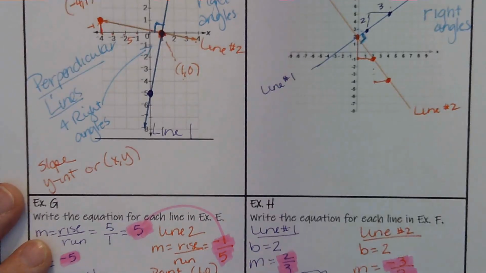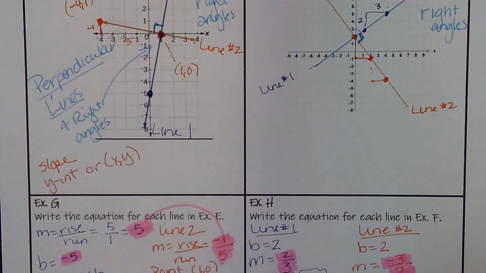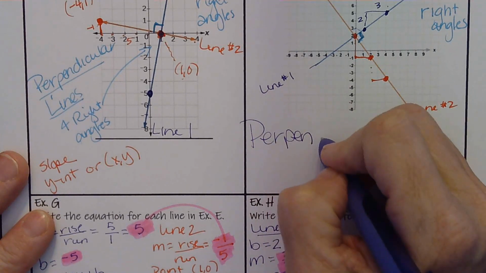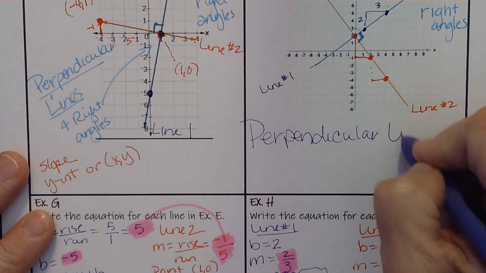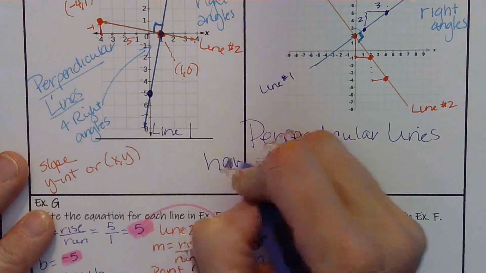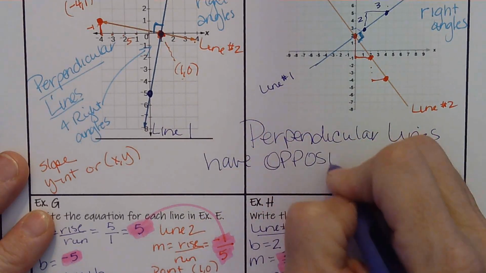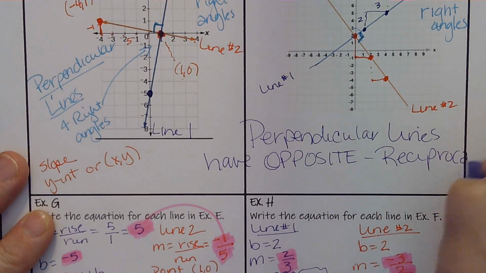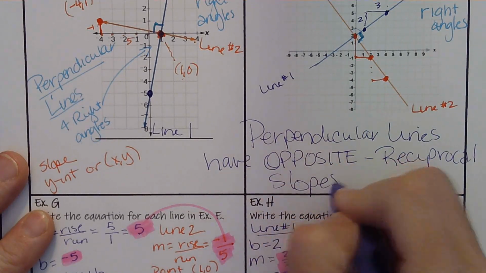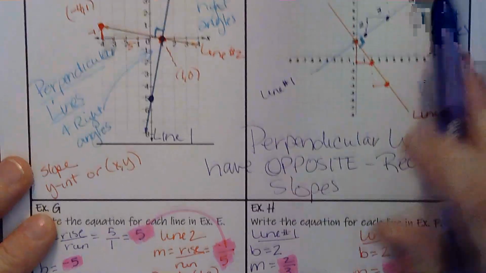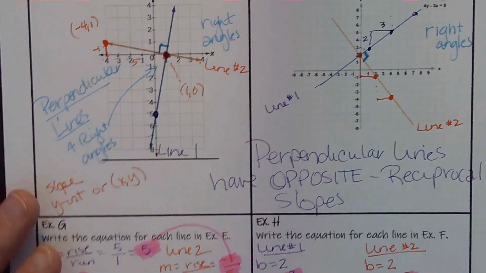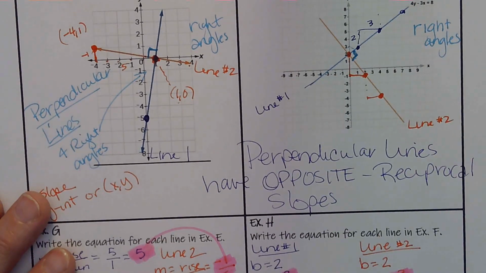So the relationship that makes lines perpendicular is that perpendicular lines have opposite reciprocal slopes. One slope has to be positive, one slope has to be negative, and then their slopes have to be reciprocals. And so that's the relationship between parallel and perpendicular lines.